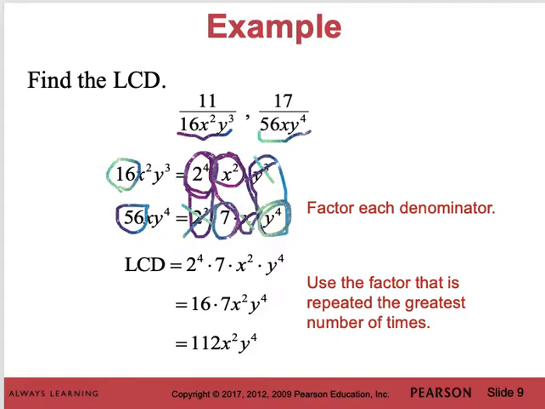It's the only extra number that doesn't match. So I have 2 to the 4th times 7 times x squared times y to the 4th. If I combine that, 2 to the 4th is the same as 16, and 16 times 7 is 112. So my least common denominator is 112 x squared y to the 4th.